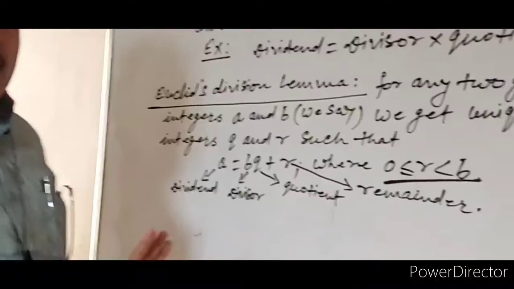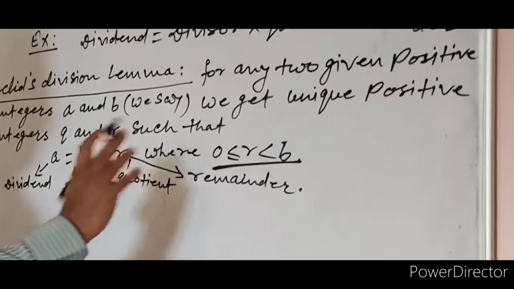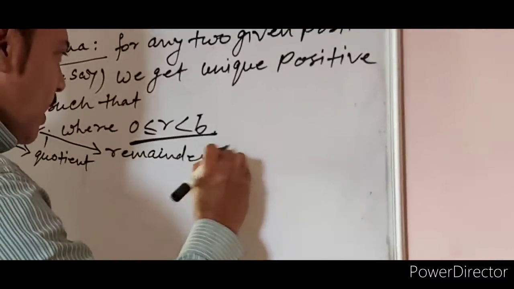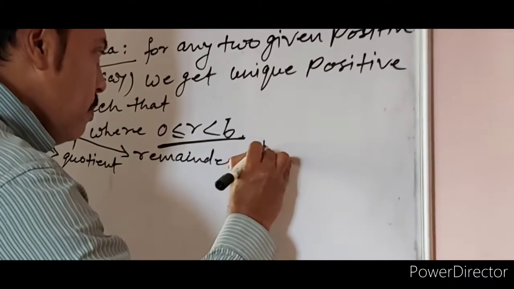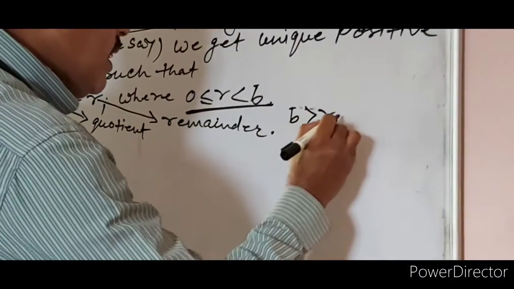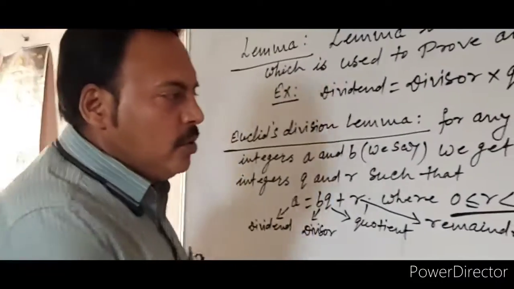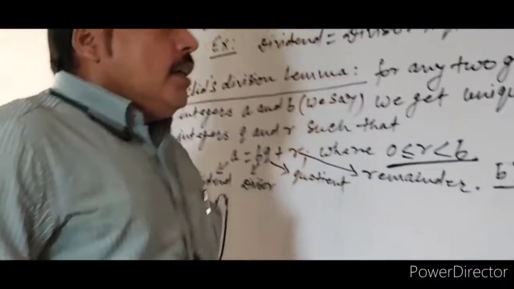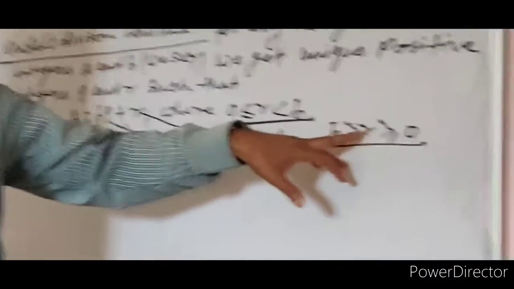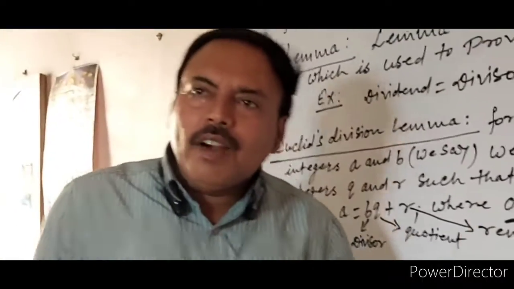Now, we have to understand this. First of all, reverse it and write it. After reversing, we get B is greater than R and R is greater than or equal to 0. Now, we all know that divisor is always greater than remainder, or remainder is always less than divisor.